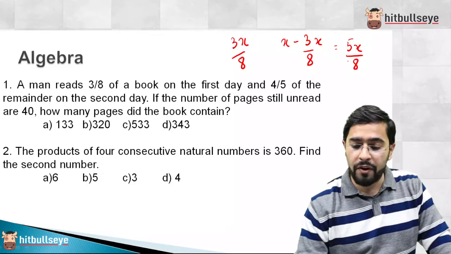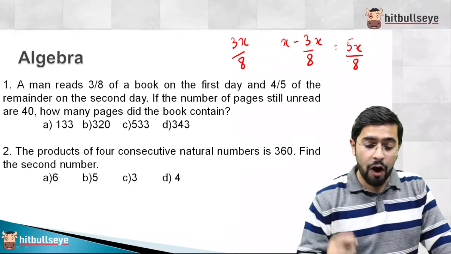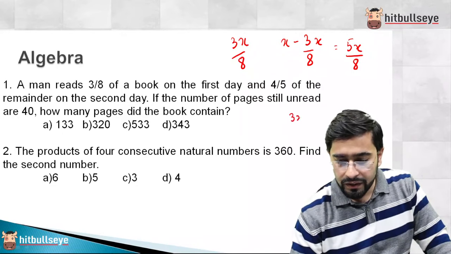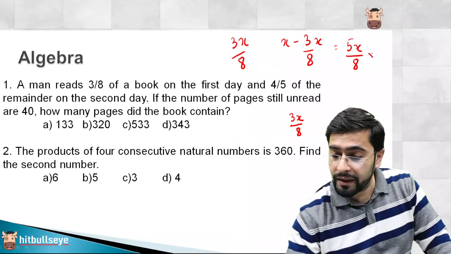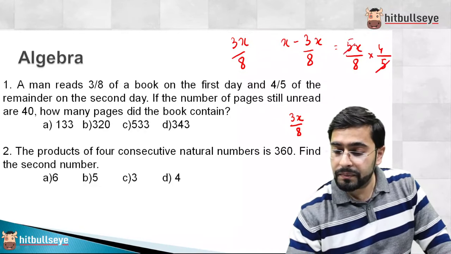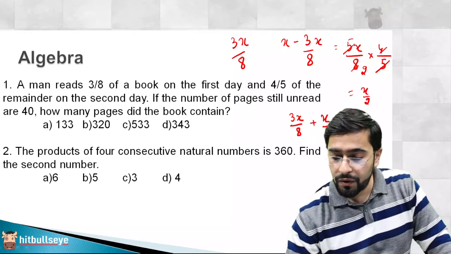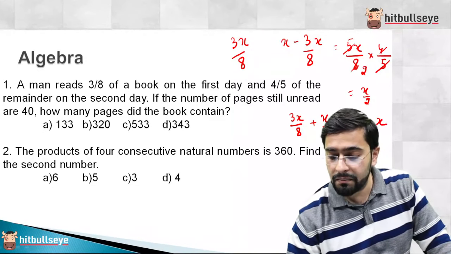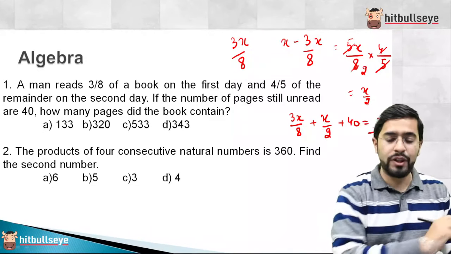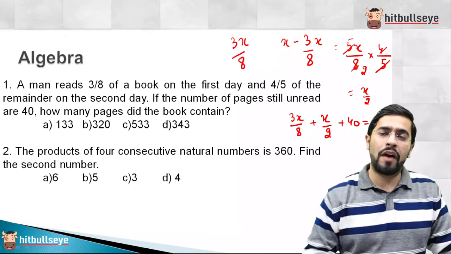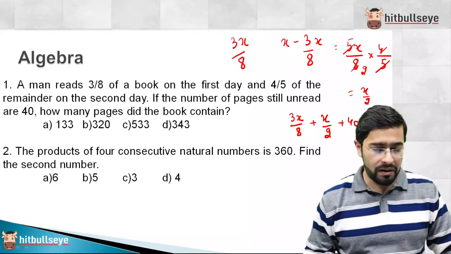Then 4 by 5 of the remainder is read on the second day, so we write it as x by 2 plus 40 makes x. So you solve this equation for the answer. I would be expecting your answers right now. If you have got the answer, kindly punch in at this point.